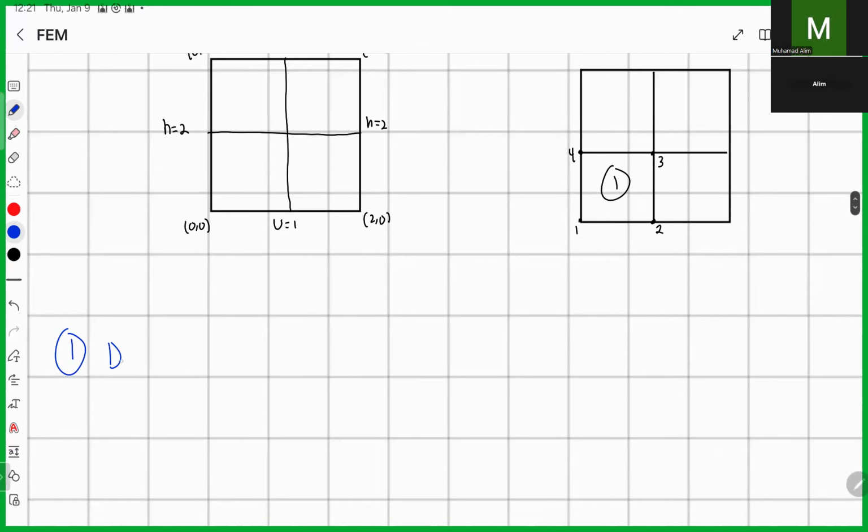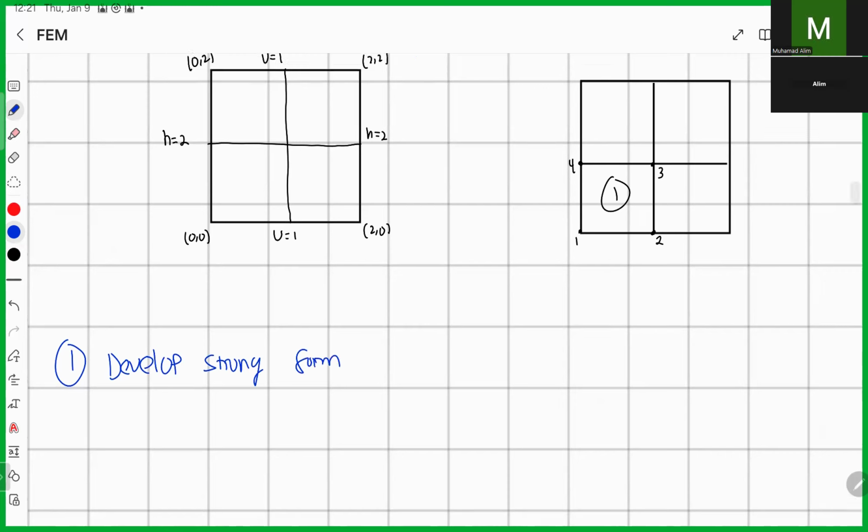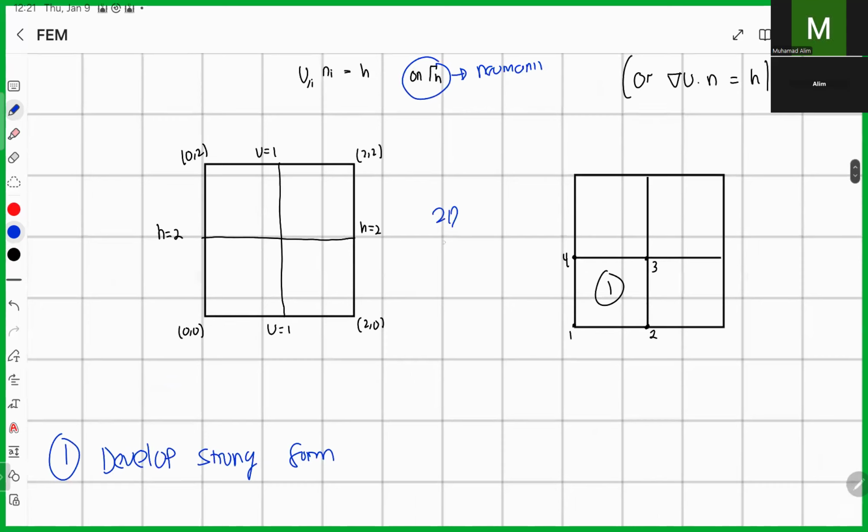So we want to first develop the strong form of this problem. We have this two-dimensional domain here with corners (0,0), (2,0), (2,2), (0,2). And we have u applied here equals 1, so there is a displacement here. And this is the heat flux.